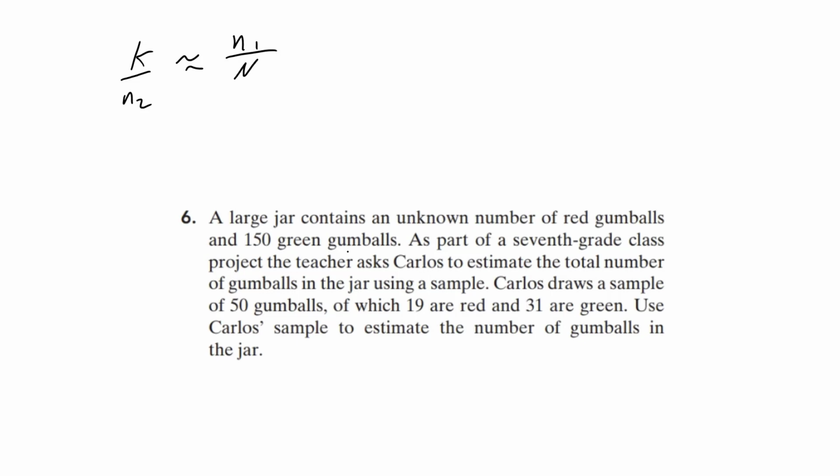So a large jar contains an unknown number of red gumballs and 150 green gumballs. As part of a 7th grade class project, the teacher asks Carlos to estimate the total number of gumballs in the jar using a sample.